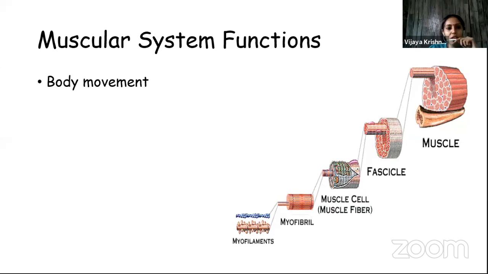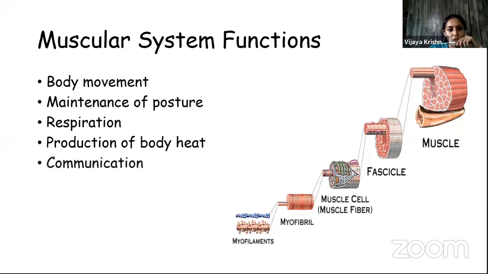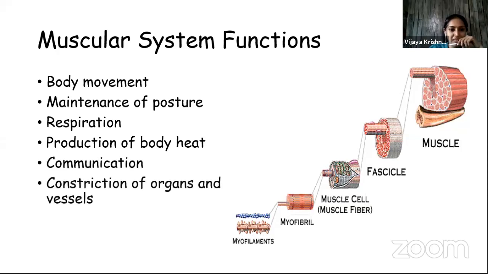The functions of the muscular system are to produce body movement, maintain posture, help in respiration, produce body heat, communicate with gestures and movements, constrict organs and vessels, that is helping in circulation, and the heart itself causing heartbeats. So these are a few of the muscle functions that happen in our body day to day.